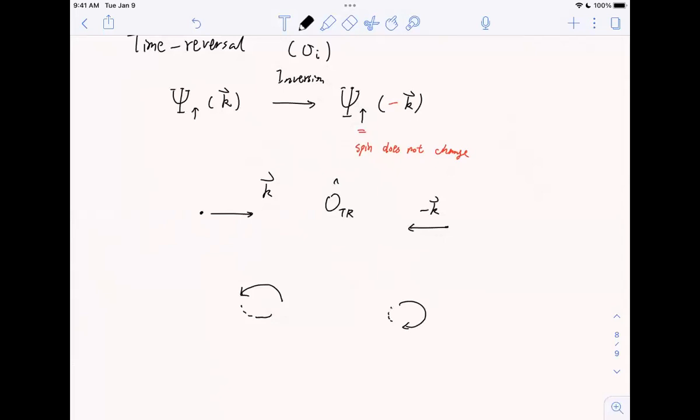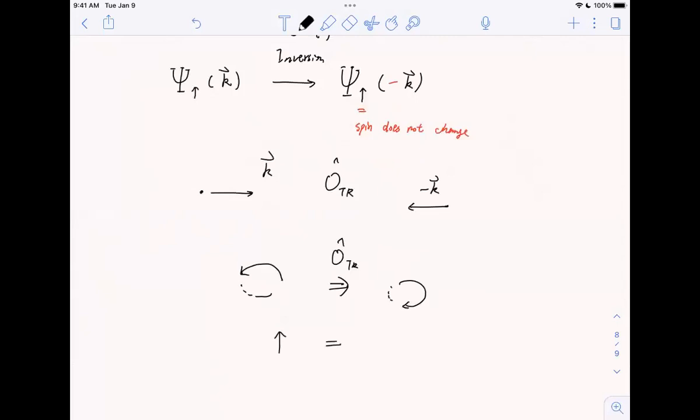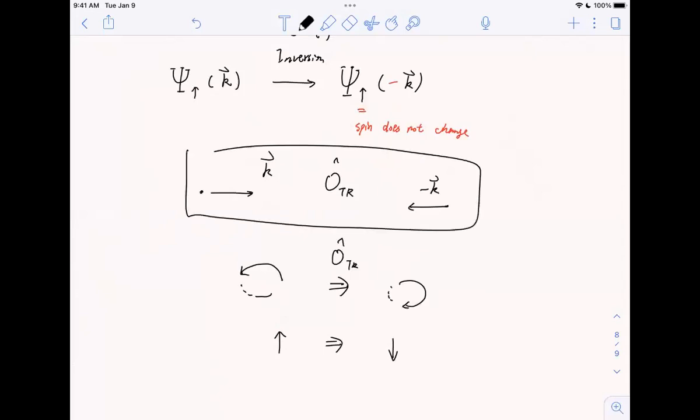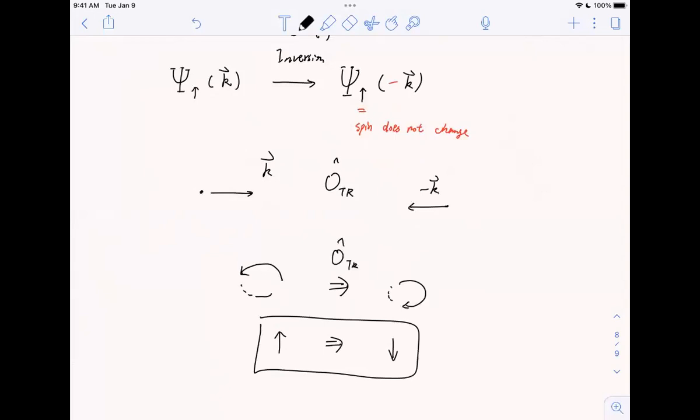So time reversal will become like this, which means spin up will become spin down. You also have this for spatial inversion, but the different thing about time reversal is that even the rotation will be reversed. So the spin will flip.